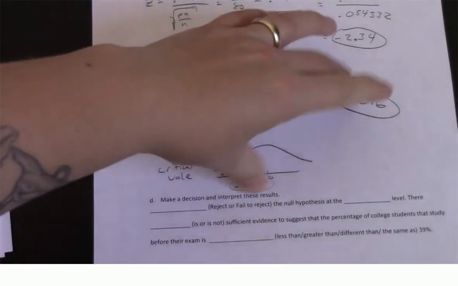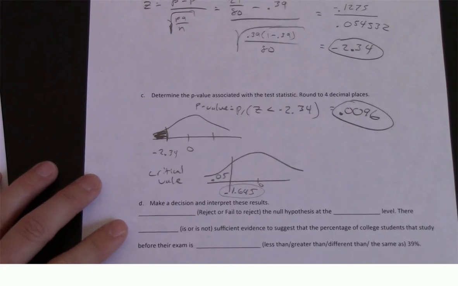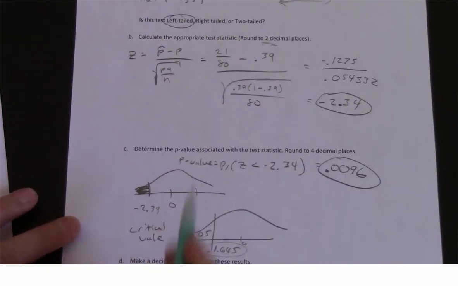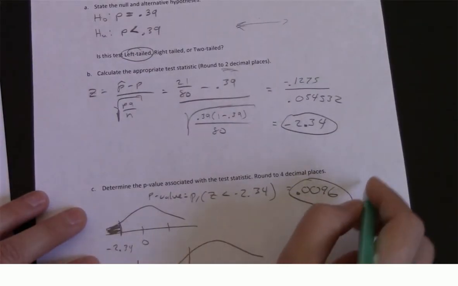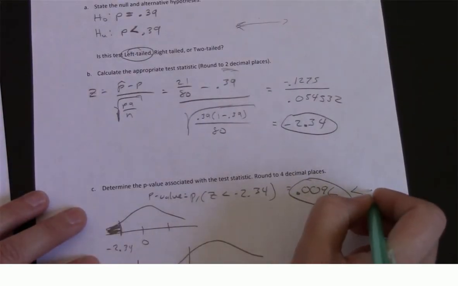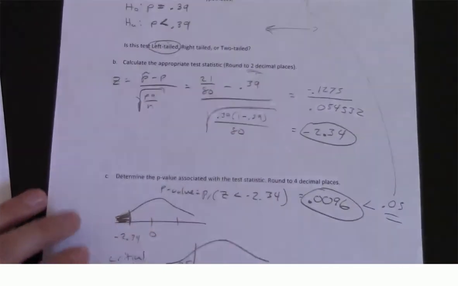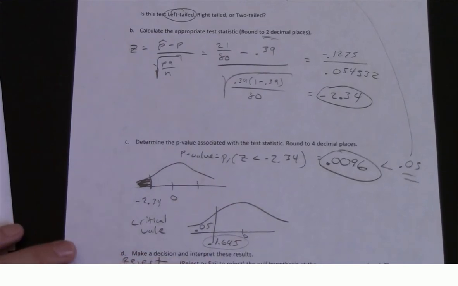Alright, make a decision. Based off these, you should be able to make a decision, one or the other. Am I going to reject or fail to reject the null? Using the p-value, remember, we will reject if this is less than 0.05, which you're getting from our significance level, and it is. So we are going to reject the null hypothesis.